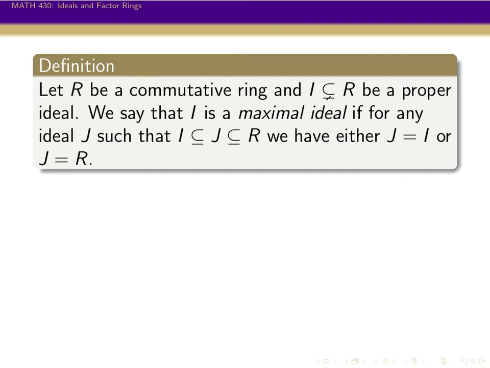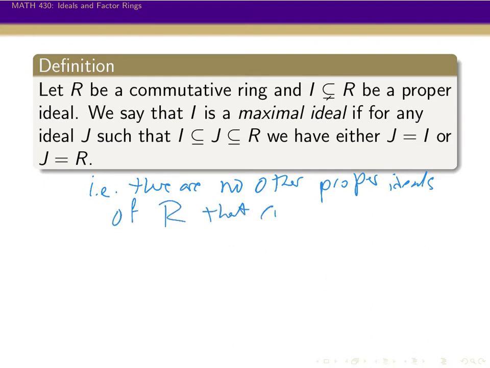And if there's any ideal J that I is a subset of, and that is a subset of R, so you can think about this ideal J as being in between I and R, then the only possibilities are that J is I or J is R. So really there are no other proper ideals of R that contain I. This is where the maximality comes from.